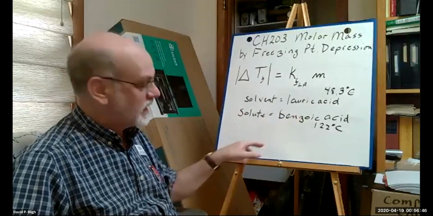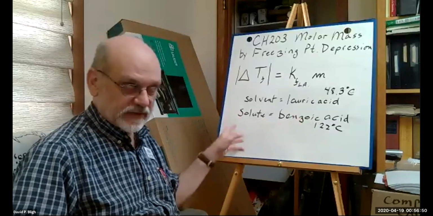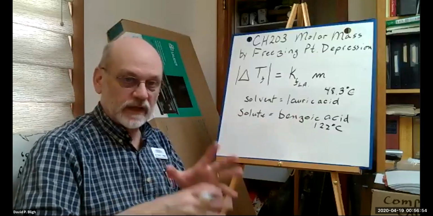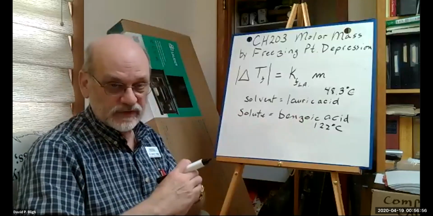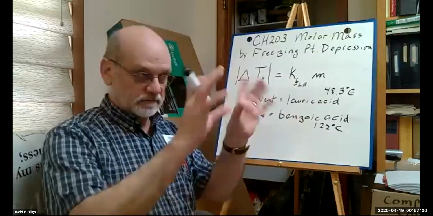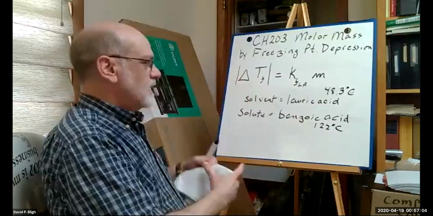So you have a hydrogen here and 5 here. So you have 6 hydrogens, 7 carbons, 2 oxygens. And with that, you can calculate the accepted value of benzoic acid. But I've already given it to you anyway. It's in that data picture.